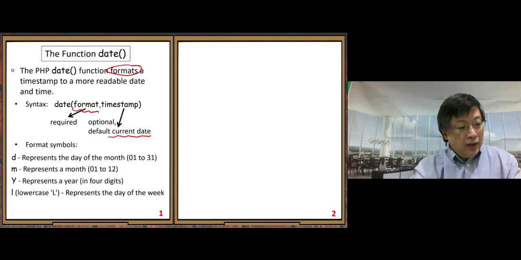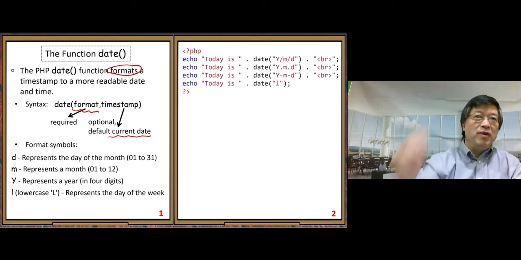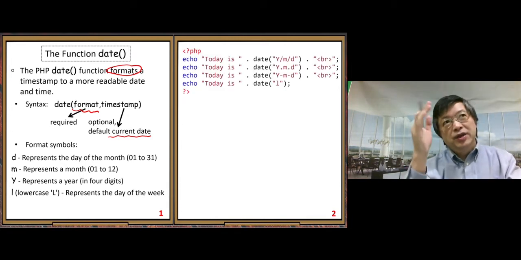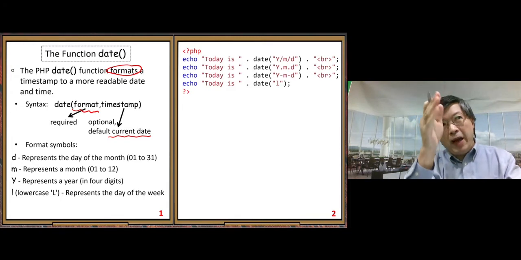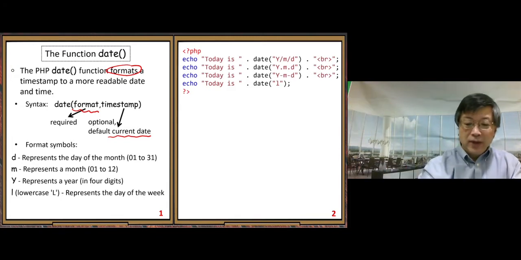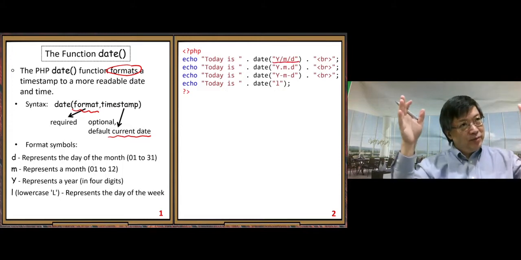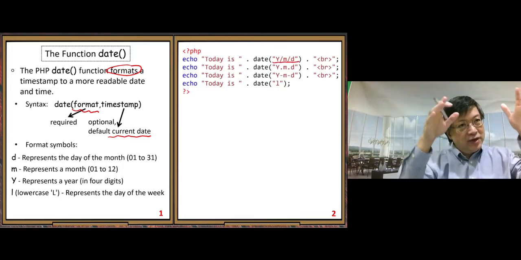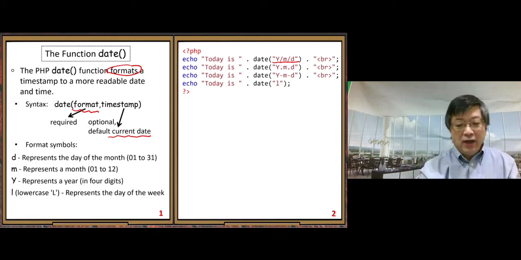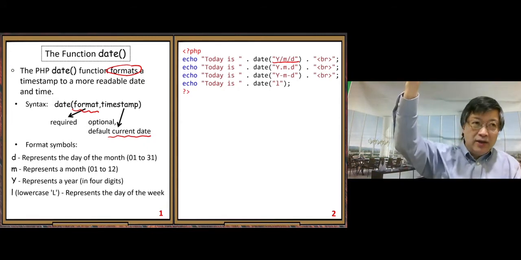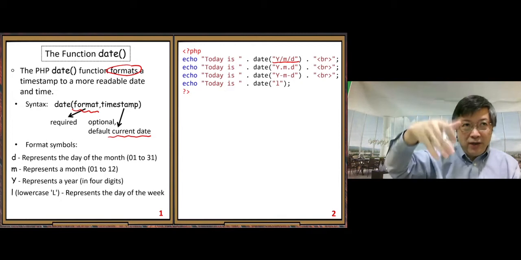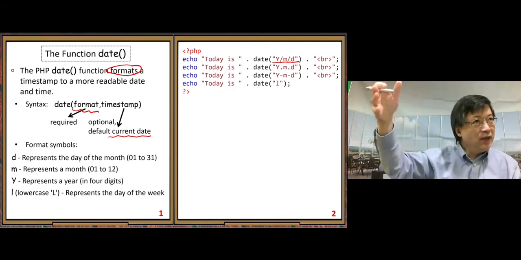All right, let's look at the first example. Here you can see how we use those format characters. It is a string, so you put those characters inside a string: capital Y / little m / little d.